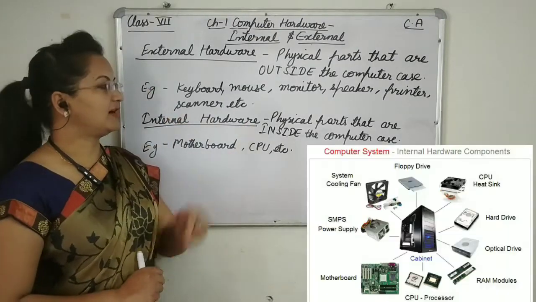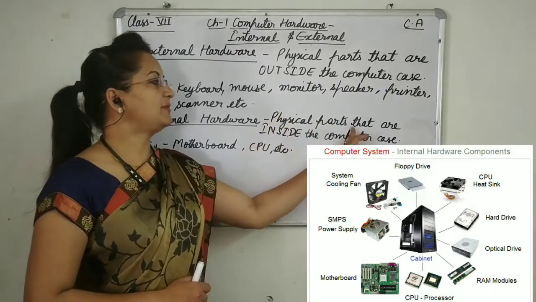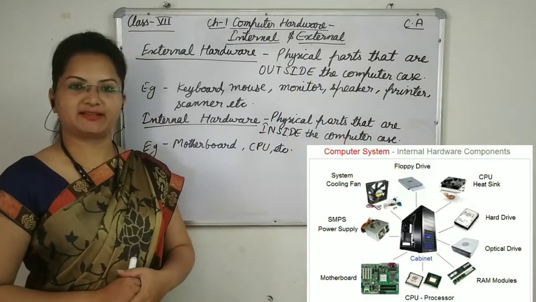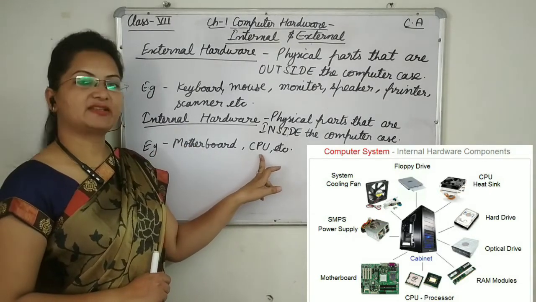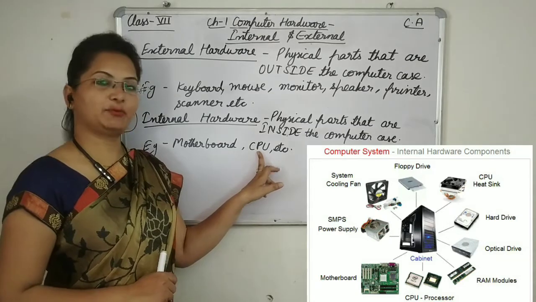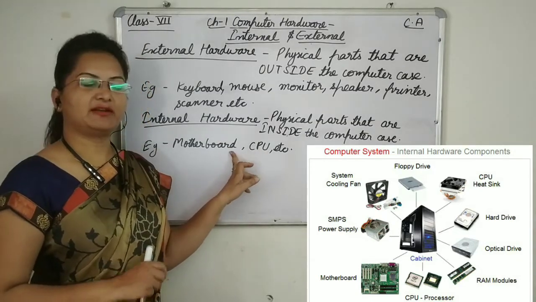Next is internal hardware. Internal means inside the computer case. So here physical parts that are inside the computer case. Motherboard, CPU. Here CPU means processor, which is fixed inside the motherboard. Okay, RAM is also fixed.